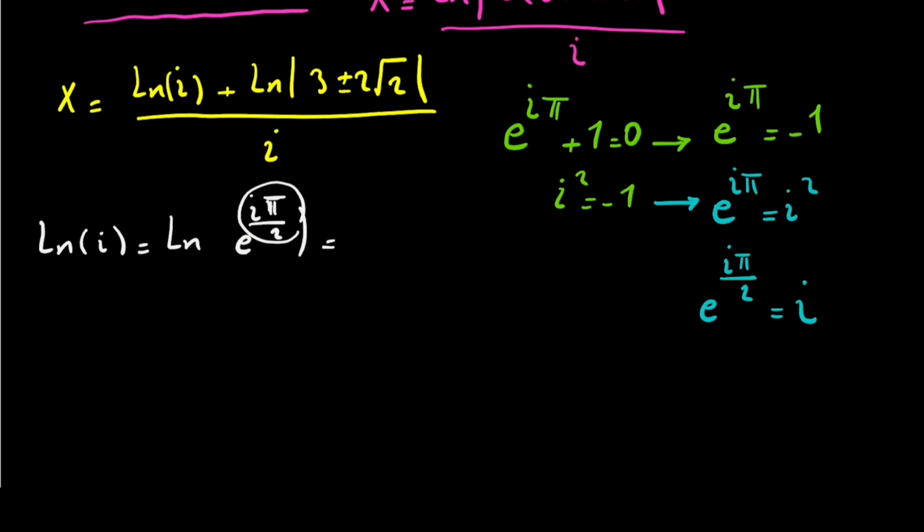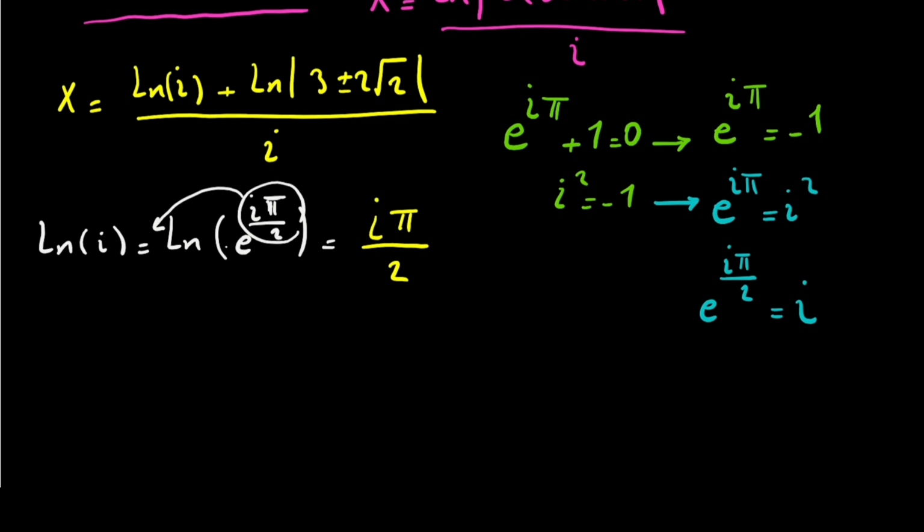And you know that ln e equals positive 1. So it means that's equal to just iπ divided by 2, or half of iπ.